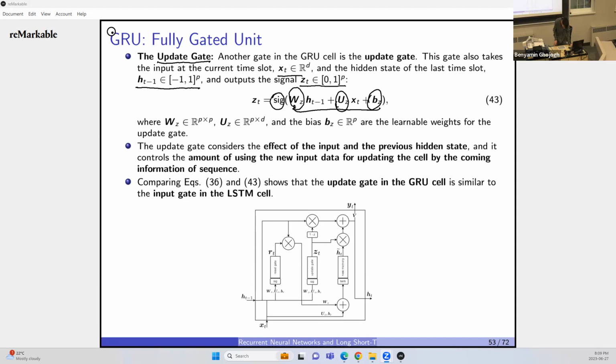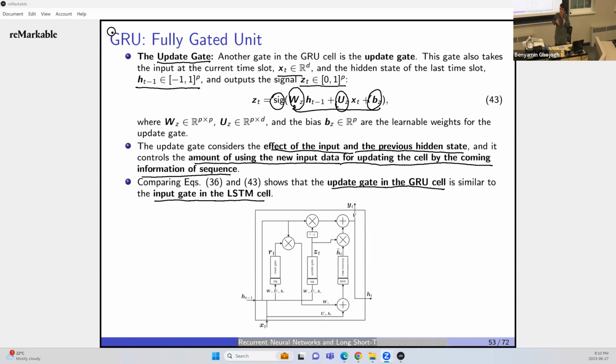Again, it takes the effect of input and previous hidden state, and it controls the amount of using the new input data for updating the cell by the common information of the sequence. So it considers how much I should use xt in order to update, right? Update. So the opposite of forget, kind of. Comparing equations 36 and 43 shows that the update gate in GRU is very similar to the input gate in the LSTM cell. Again, they renamed it, okay?